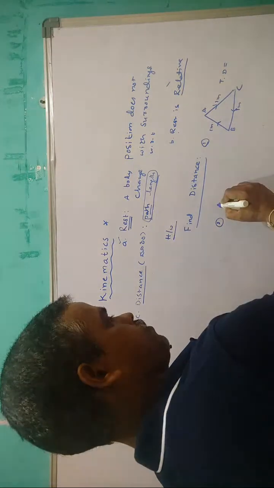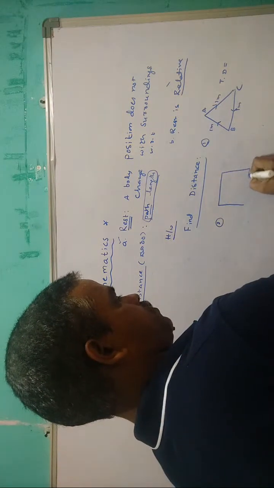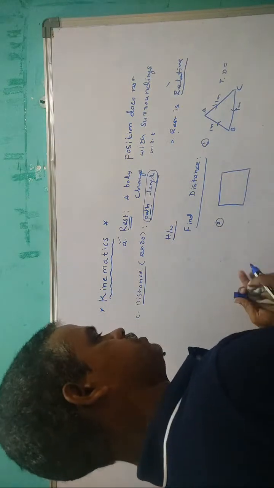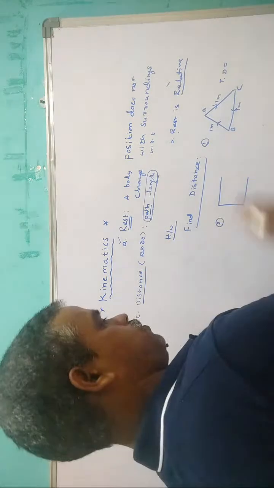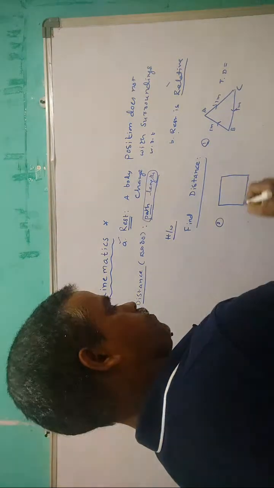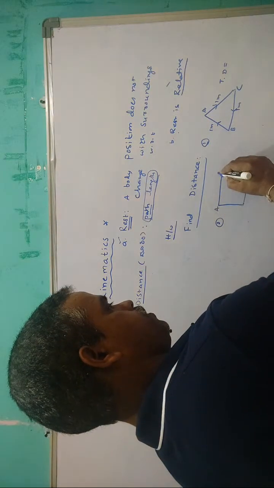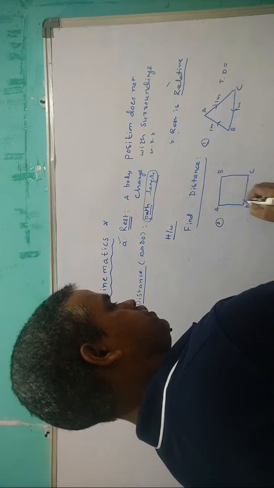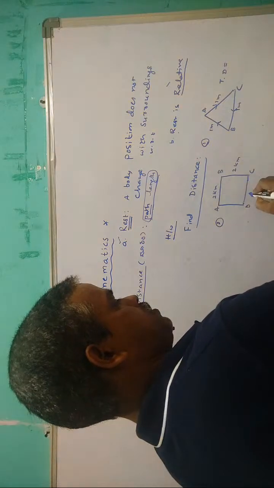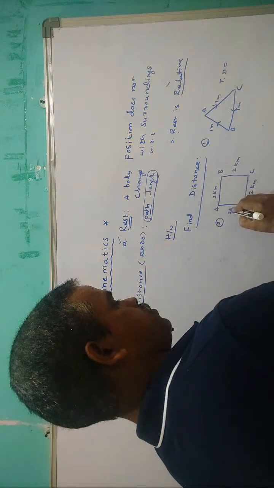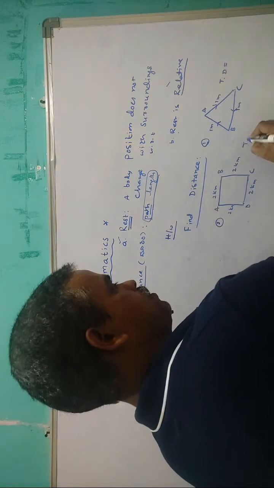It is a square, A, B, C, D, with sides 2 kilometer, 2 kilometer, 2 kilometer, 2 kilometer. Total distance.